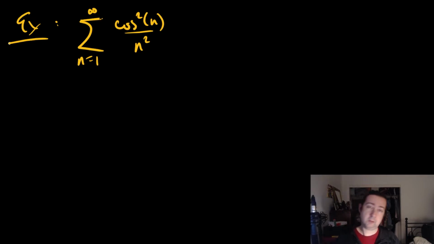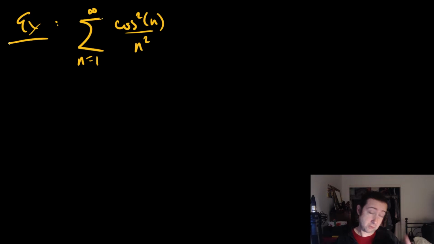Okay, another example of where the comparison test is used. So you could have a series like this. So this series, of course, doesn't have a limit, well, the numerator anyway doesn't have a limit as n goes to infinity, because cosine squared of n flops around back and forth between 0 and 1 forever, right?